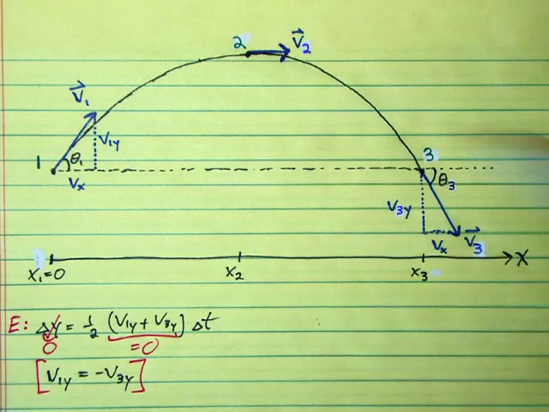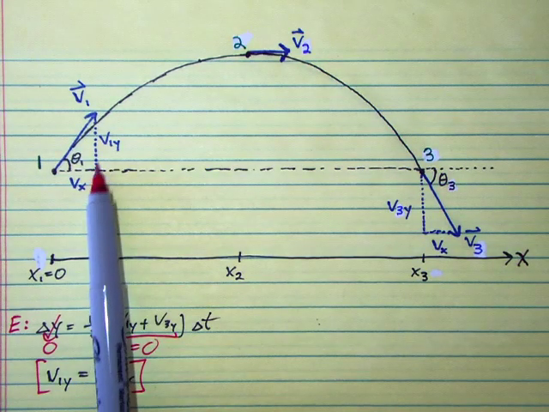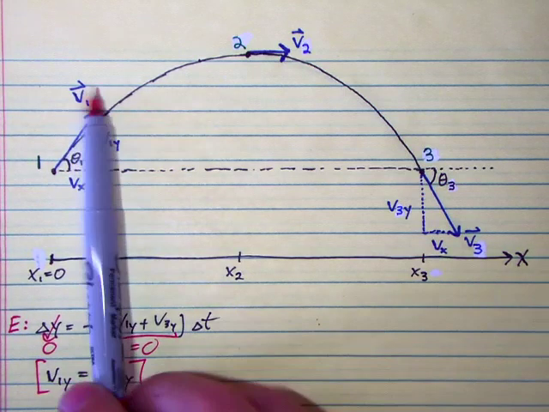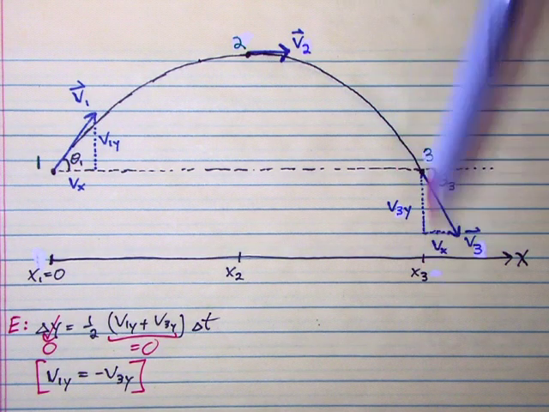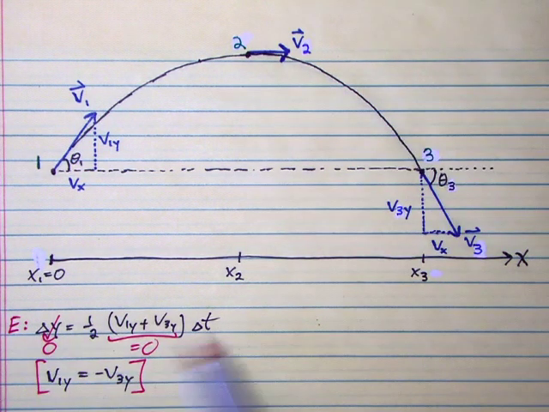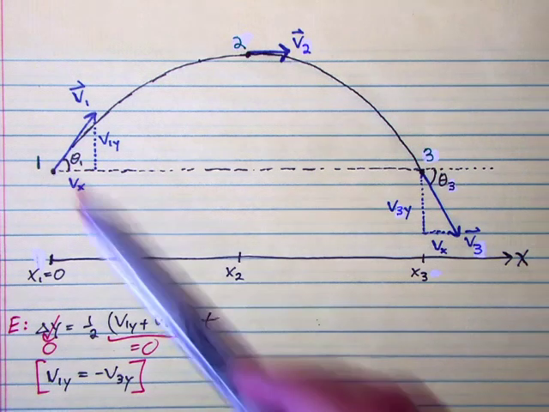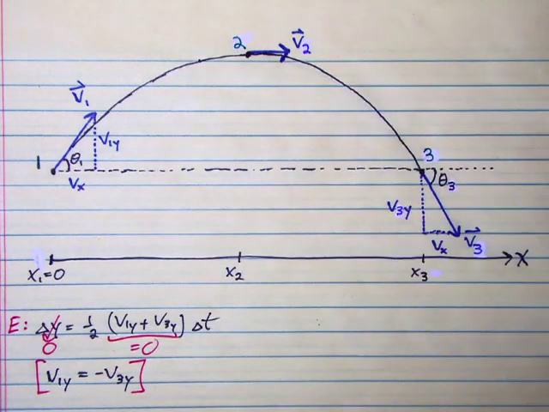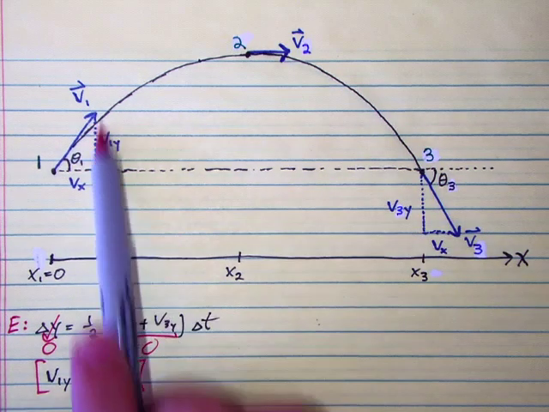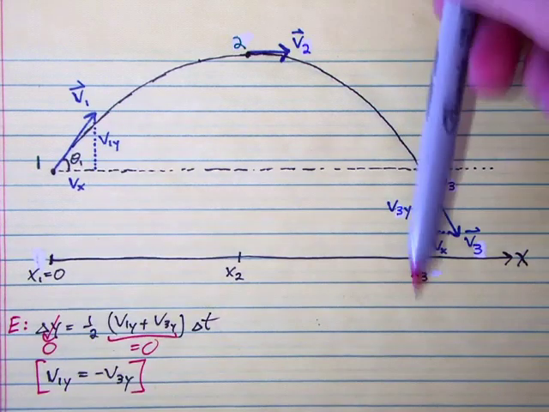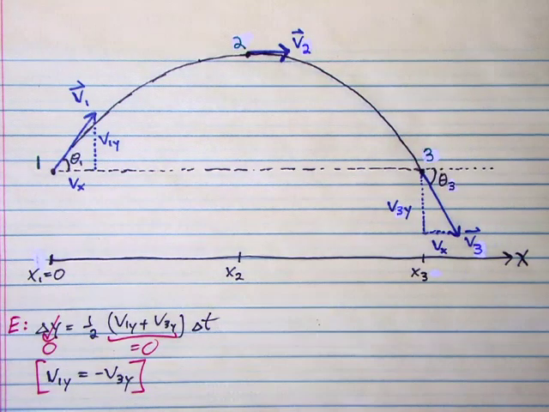You may have predicted that from looking at the situation using your intuition, saying, oh, this here has to be equal and opposite to this here. And we just proved it using this relationship. So that's a key conclusion about a projectile like this. The y component when it launches is equal and opposite to the y component when it lands.